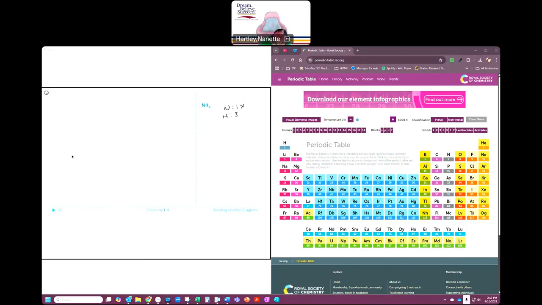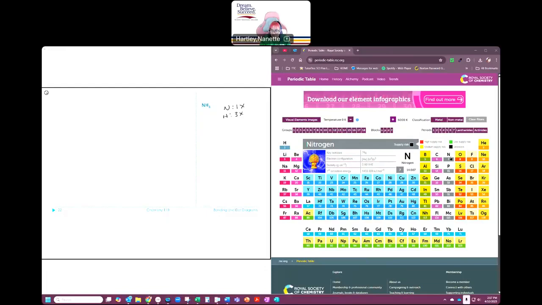There are 3 of those. Now nitrogen, being where he is, 1, 2, 3, 4, 5 valence electrons on that nitrogen. Each hydrogen has 1 valence electron. So a total of 3. That means I have 8 electrons that need to be distributed in that particular structure.